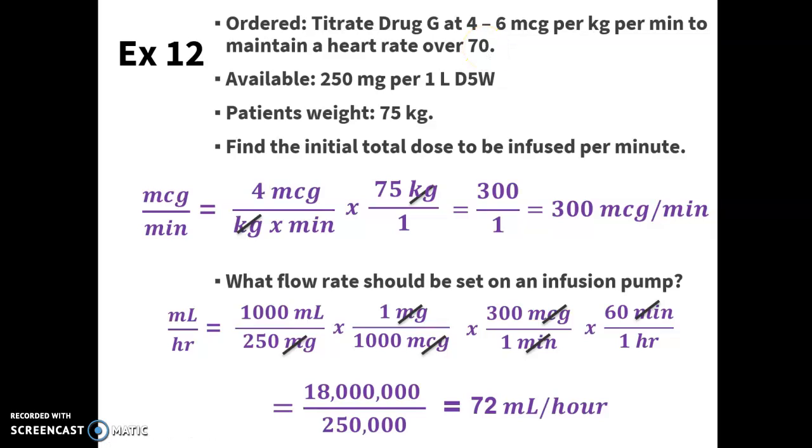You'll get into your nursing classes and figure out how long you have to wait, okay? But after that amount of time, if they still don't have a heart rate over 70, then you got to bump it up to 6 microgram per kilogram per minute, okay? So we do the math again and work with a 6 here. 6 micrograms times the 75 kilograms is going to get you a different number, which is going to replace the 300 down here, which is going to get you a new milliliter per hour.